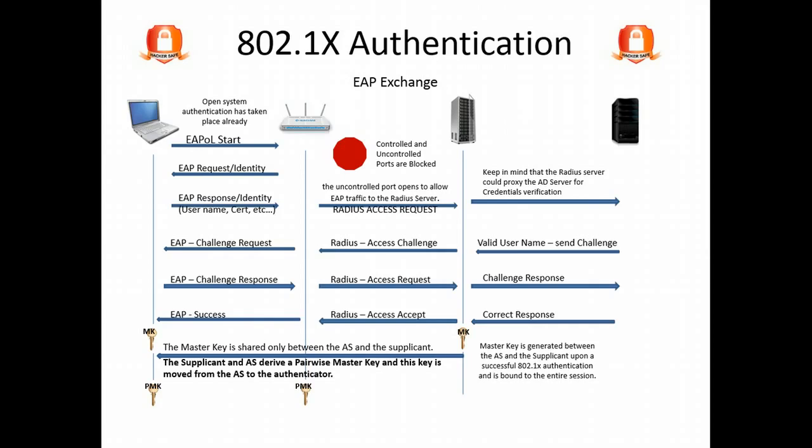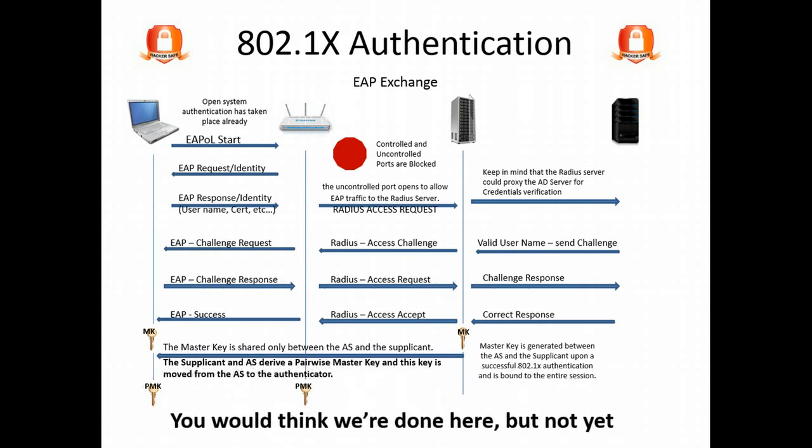Now, this pairwise master key is not shared between all other clients on the network. It is only shared between this client and this access point for this client session alone. That's very unique compared to what you saw earlier on pre-shared key.